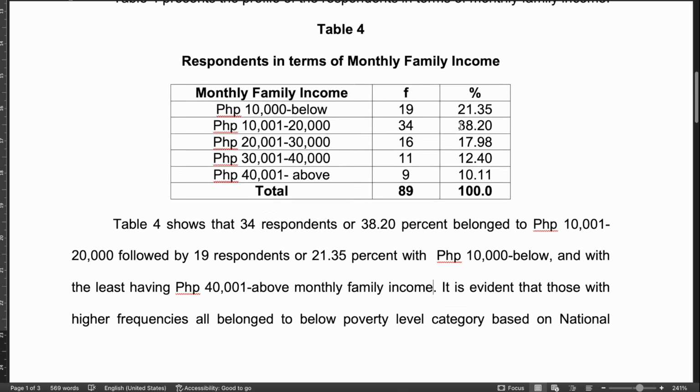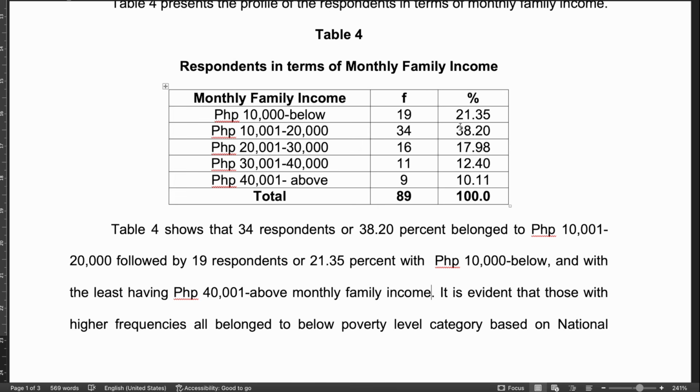Okay, so meron tayo ditong halimbawa ng basic interpretation base dun sa mga tips na nabanggit ko kanina. Okay, so let's take a look at the interpretation. Table 4 shows that 34 respondents or 38.20% belong to 10,001 to 20,000 pesos, followed by 19 respondents or 21.35% with 10,000 below.